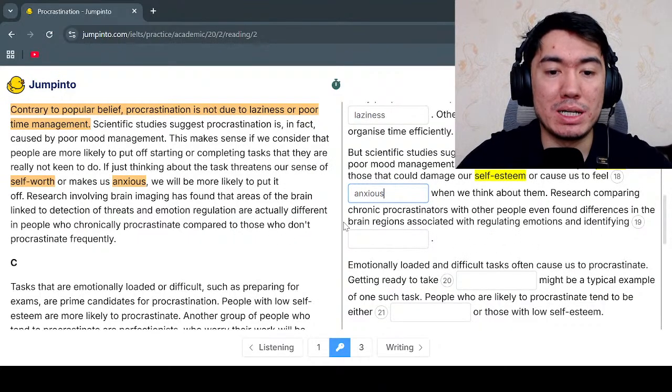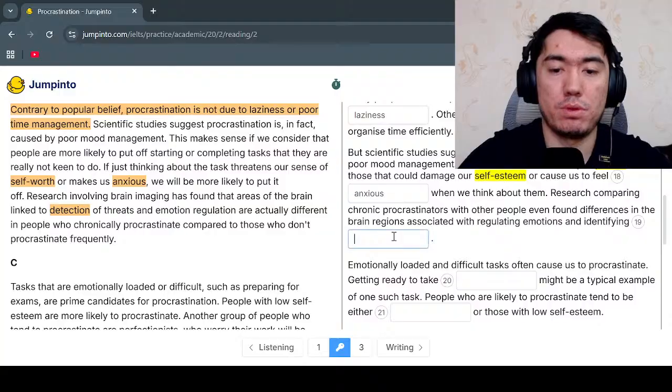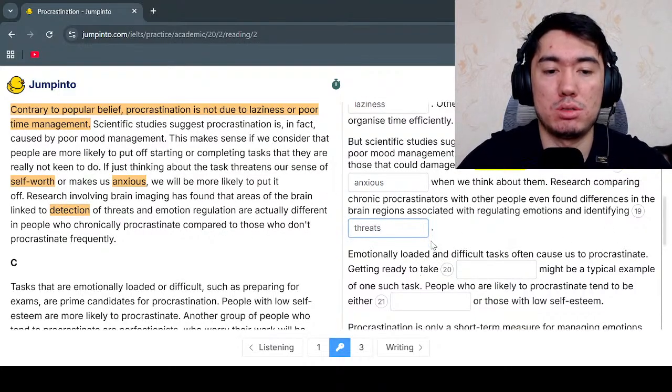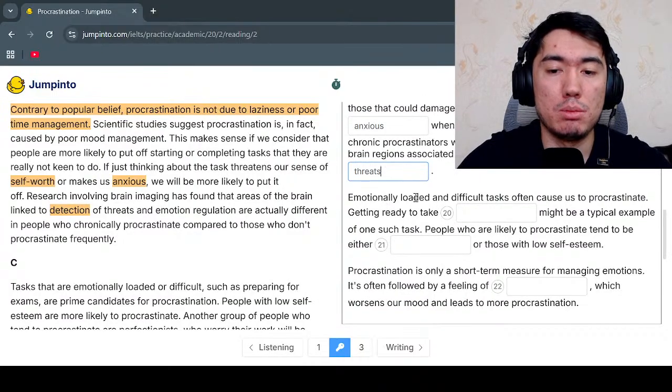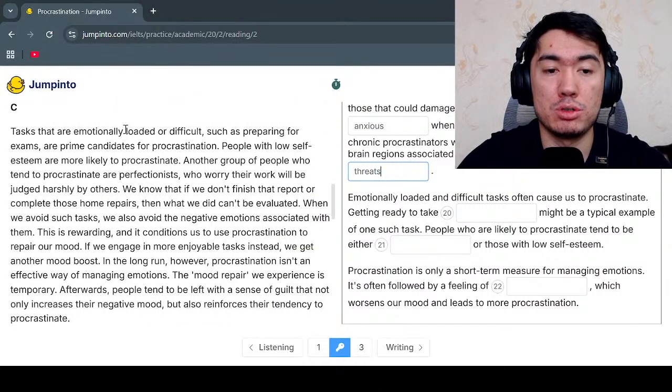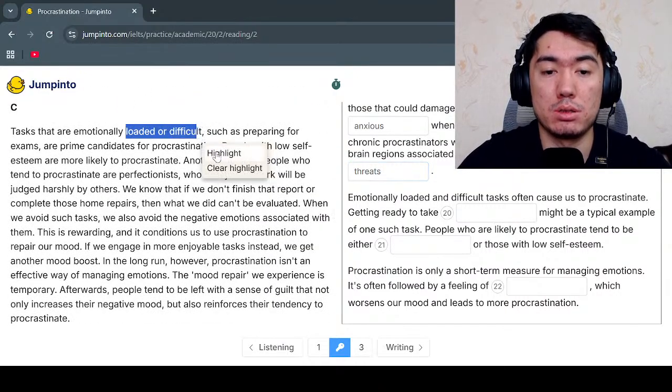Regulating emotions and identifying means detection of threats, right? Just a simple paraphrase. Emotionally loaded and difficult tasks often cause us to procrastinate. Emotionally loaded or difficult. Yeah.